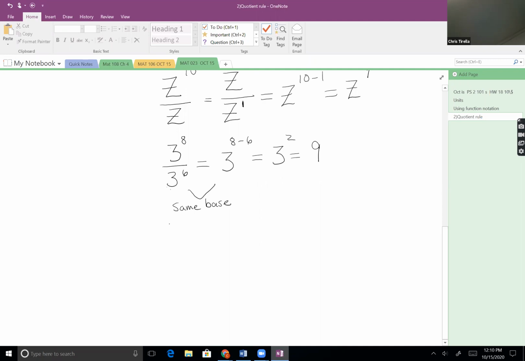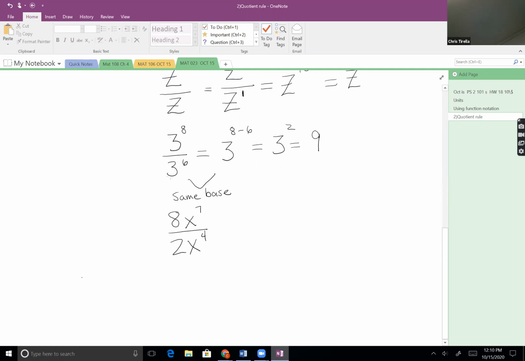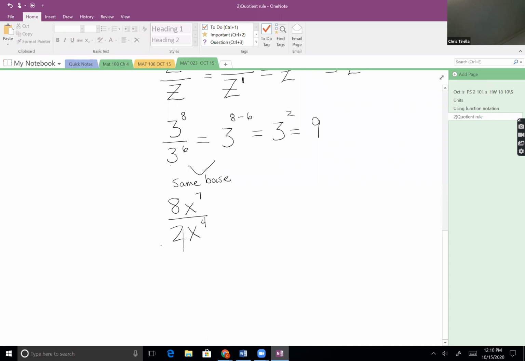Next example. What if I have 8x to the 7th over 2x to the 4th? Does it make sense that here I will divide the coefficients?